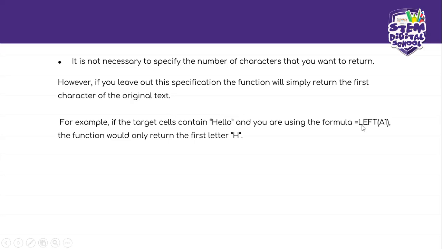But the right function would give you the last one, meaning the first one starting from the right hand side. It would give you an O, just O, because it did not specify.